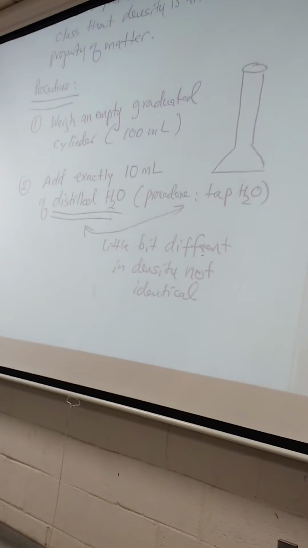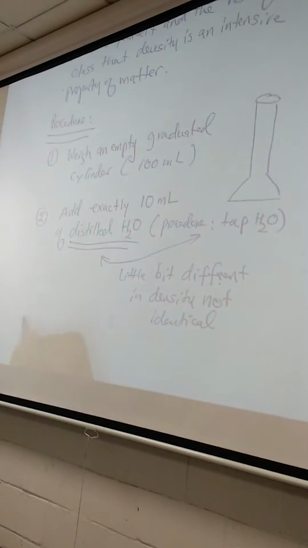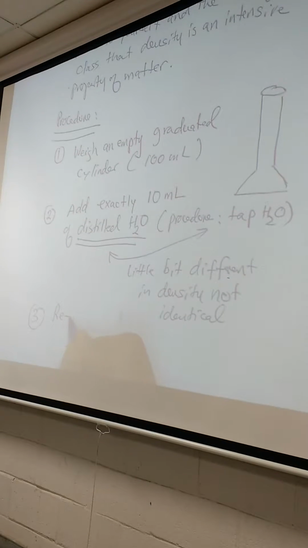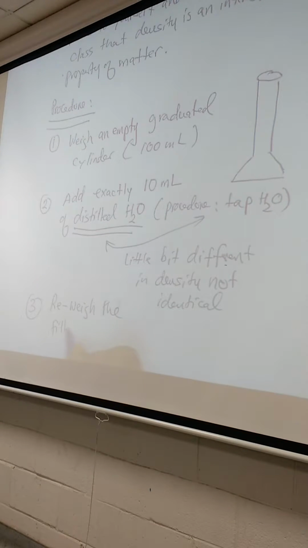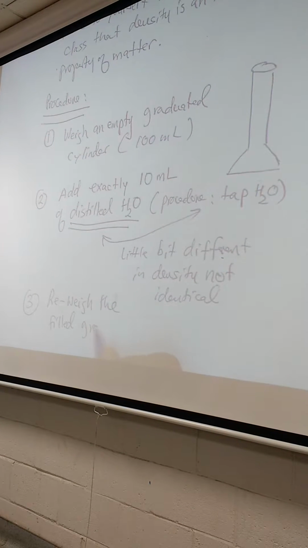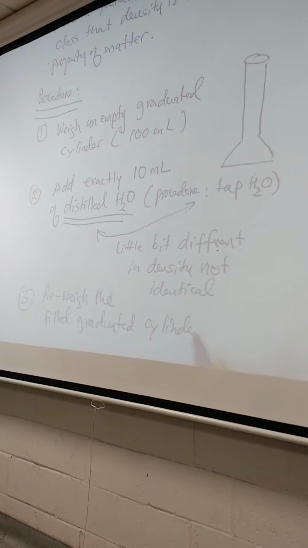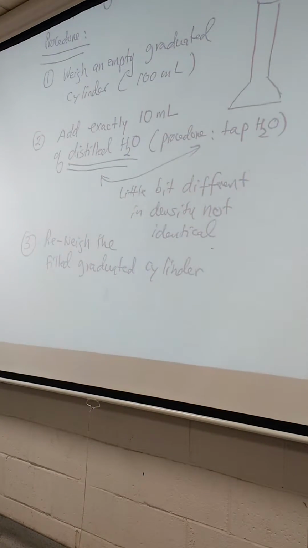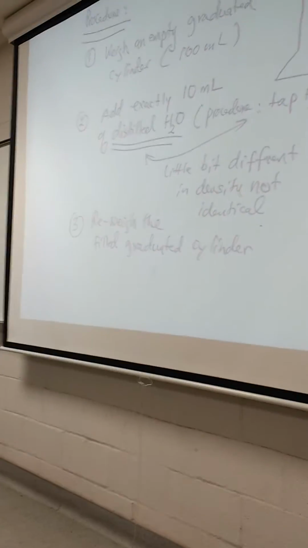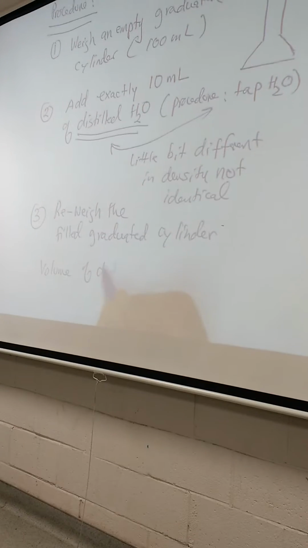Okay, now listen. You fill this one here with 10 mL, correct? The third step: you go and reweigh the filled graduated cylinder. You filled it with 10 mL, go and reweigh. Correct? Everybody's following? Now, I know the volume of the distilled H2O.